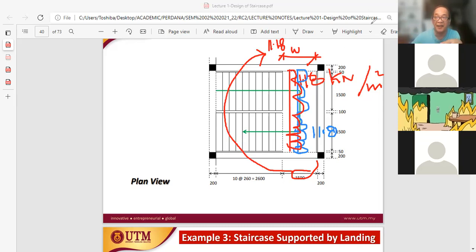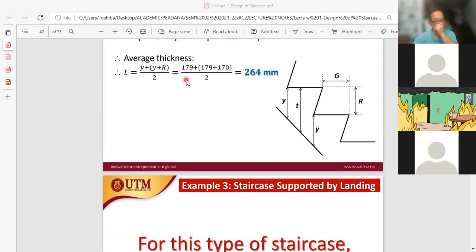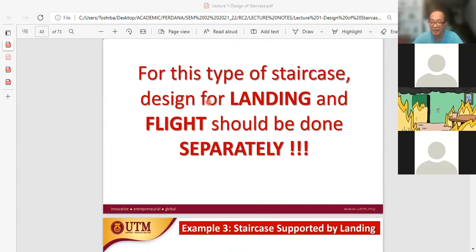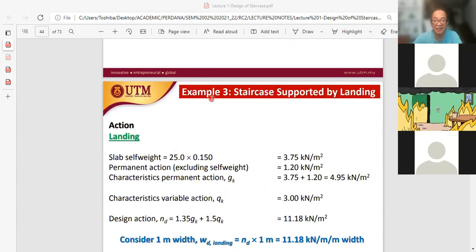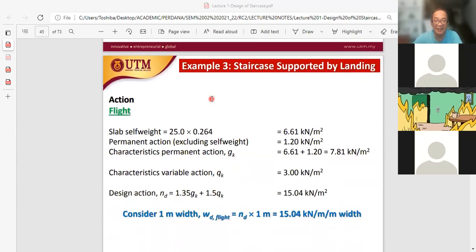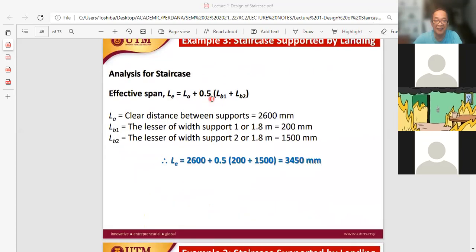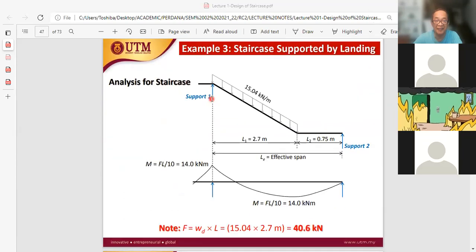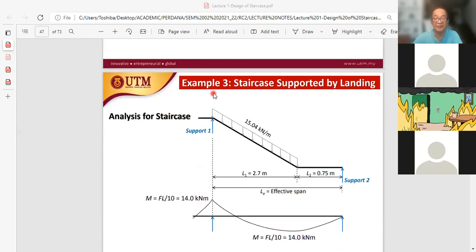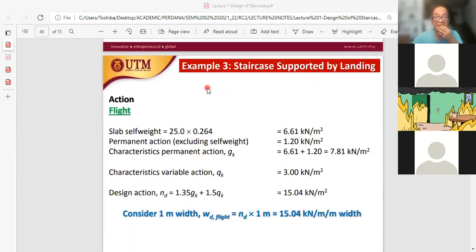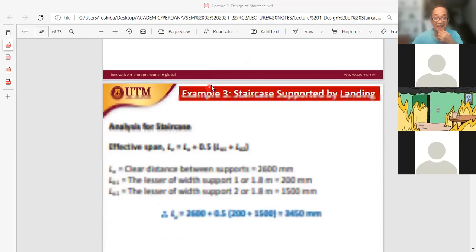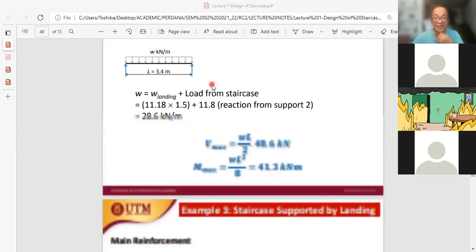And that is what we see in the solution. The landing loading is actually kilonewton per meter squared.